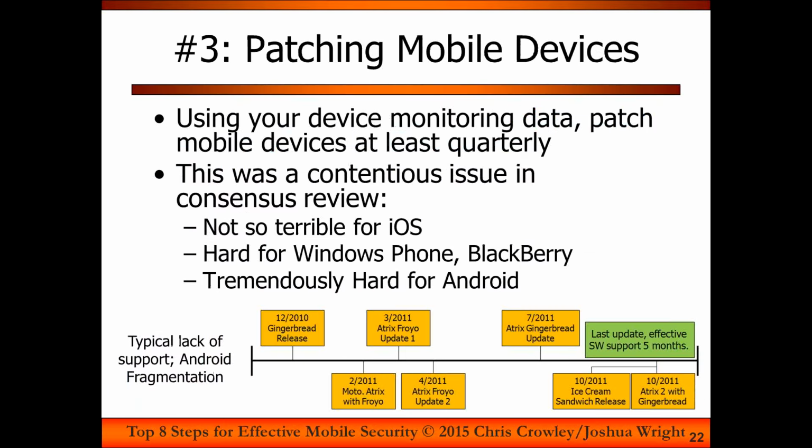Okay? So a third item that's particularly important is the idea of patching mobile devices. For iOS, for Windows Phone, and for BlackBerry, this is much simpler than for Android.